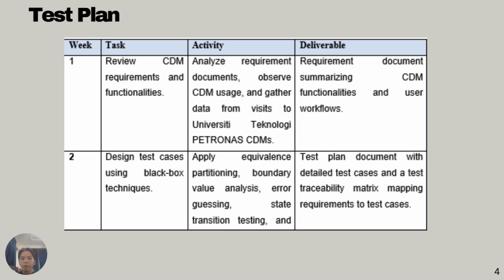Next, moving on to the black box testing techniques. Techniques like equivalence partitioning and boundary value analysis are employed to cover a wide range of input scenarios. This method helps identify edge cases such as invalid PINs and entries at the transaction limit, ensuring the system handles all possible inputs appropriately.